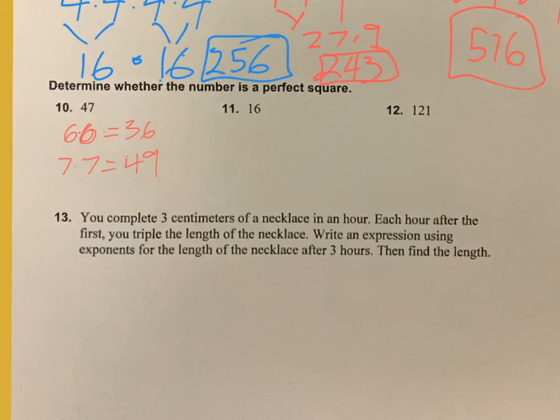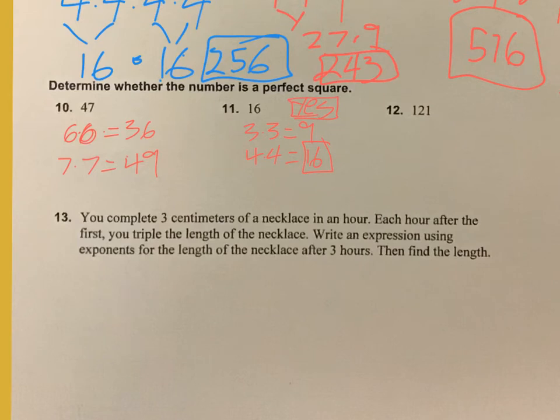Now, let's see about 16. Well, I know that 3 times 3 is 9. And 4 times, oh, there, I think we got it. 4 times 4 is 16. So I know that this is a perfect square. So I'm going to say yes. Put a box around it.